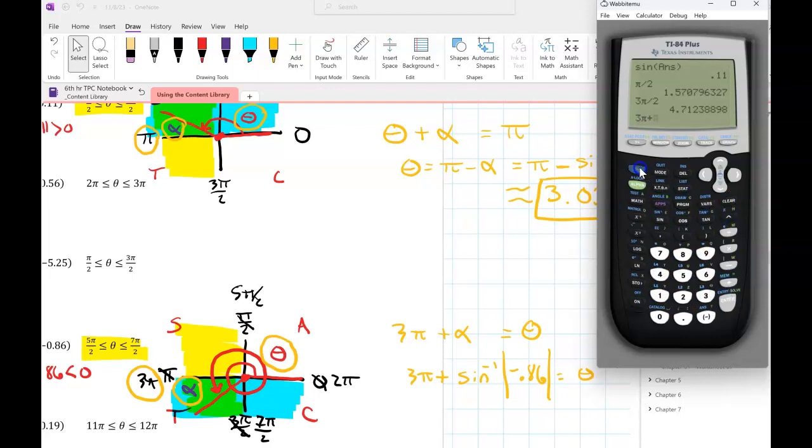Yes, Joey? Oh, when would it be 3 pi minus theta? Well, if it was in the second quadrant again, it would never be 3 pi minus alpha.